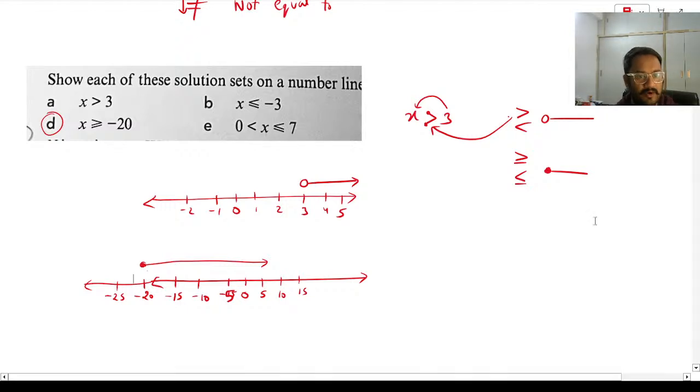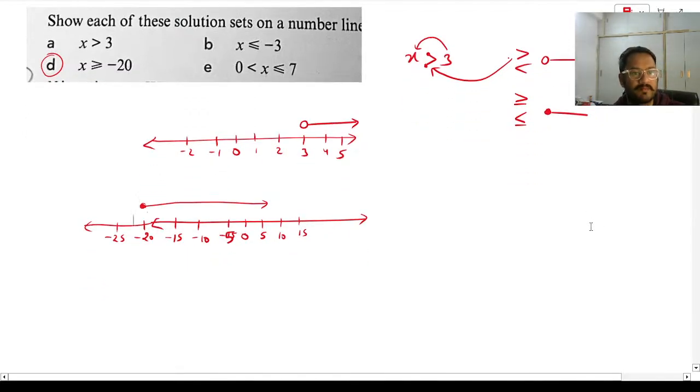Now I want you to solve this E part, then I will draw. I'm giving you 1 or 2 minutes so that you can solve, and then I'll start. I will tell you how to draw this. I'm waiting for a response. You can just give it a try, then I will do it.